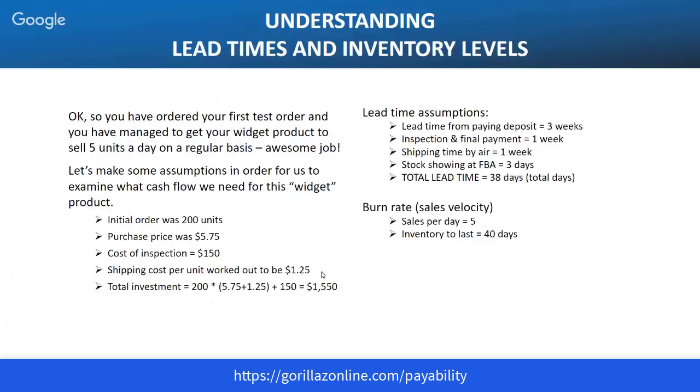Our shipping cost, because we're doing Air Express, UPS or FedEx or something like that, was around $1.25 per unit. So our total investment for the 200 units is 200 times the $575 per unit cost, plus the amortized shipping cost of $125, plus $150 on top of that for the inspection.